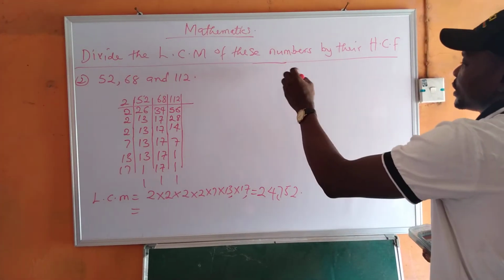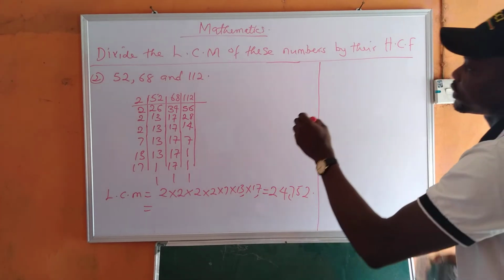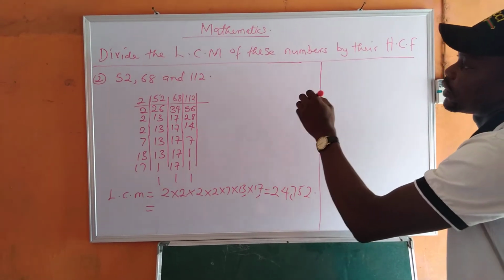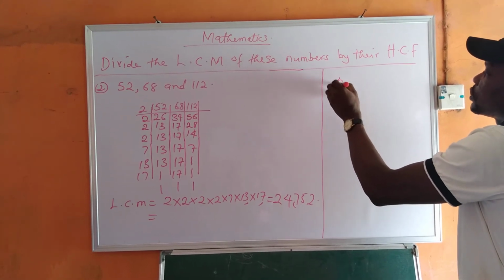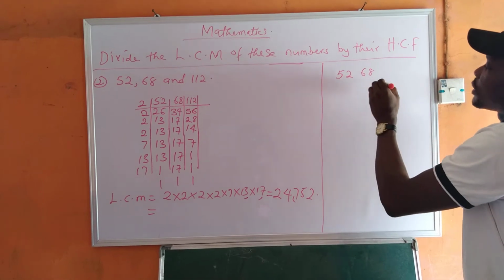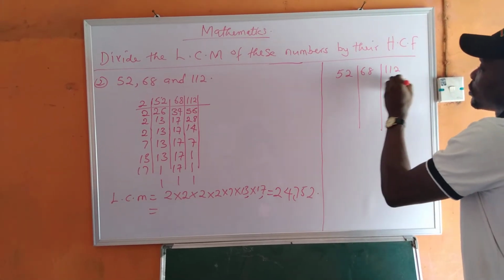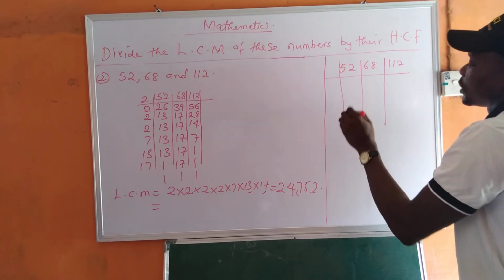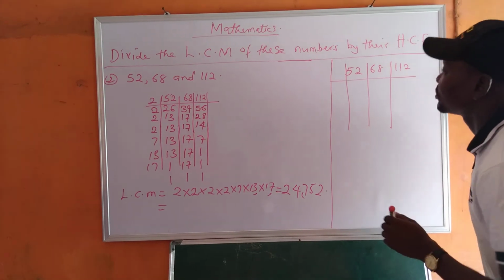Now let's consider the H.C.F. So we have 52, 68, and 112. Now let's divide by the smallest number first.